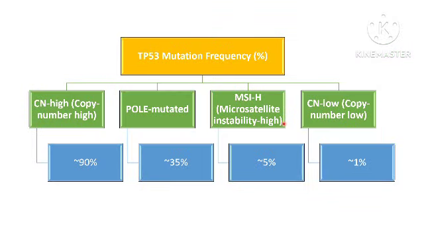The flowchart shows you the distribution of TP53 mutation across the 4 molecular subtypes proposed by TCGA. This stark difference makes TP53 mutation status crucial for distinguishing single from multi-classifier endometrial cancers, which can guide the prognosis and treatment.